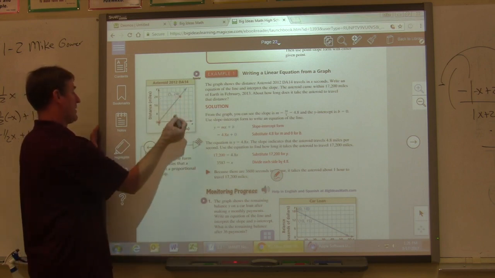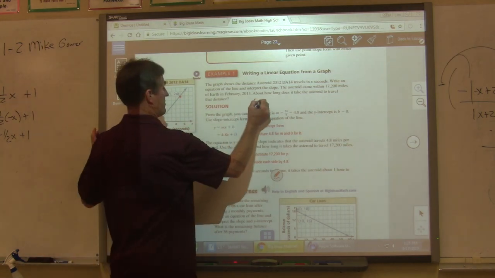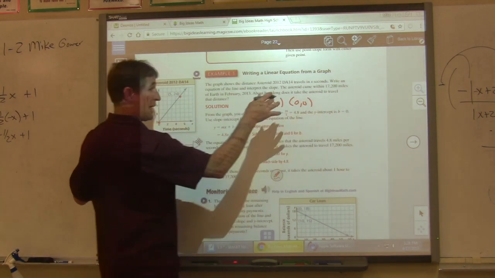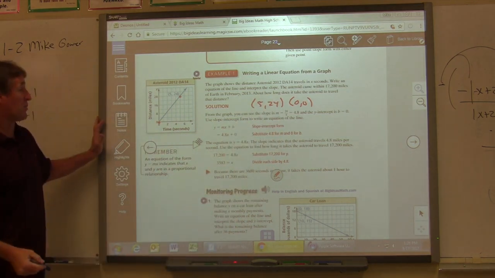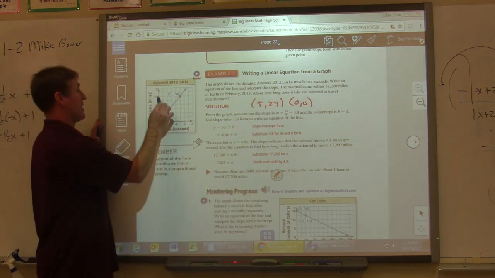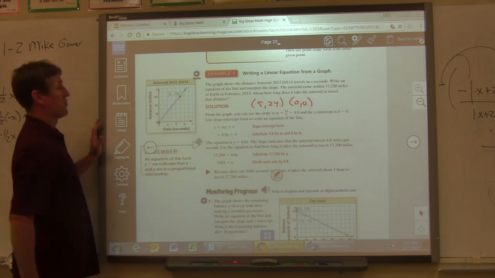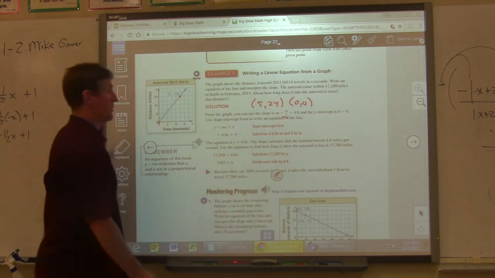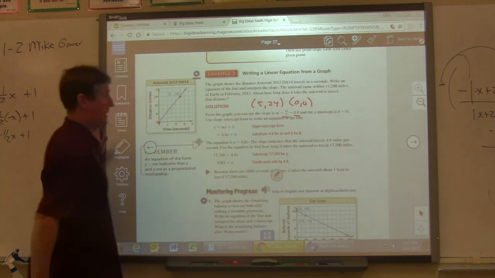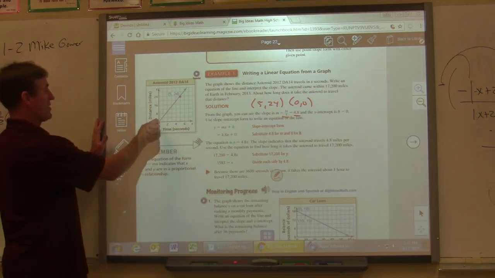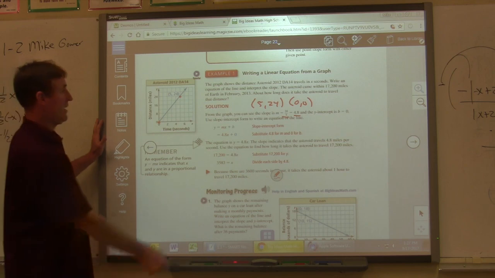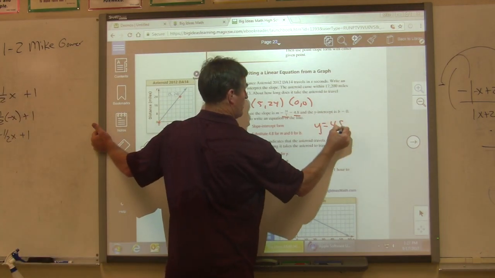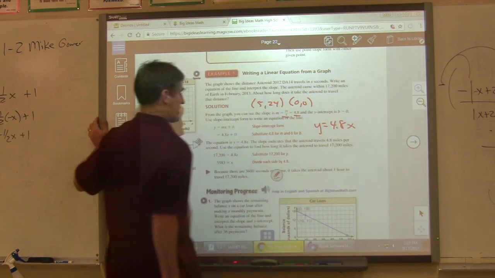You could use y2 minus y1 over x2 minus x1, or in this case you can just say it's up 24 and over 5 because it's rise over run, and so our slope is 24/5, which they switch to a decimal. It doesn't make any difference which you leave it in. Our y-intercept is 0, so we know our b. So they plug it in, and our equation is y equals 4.8x.